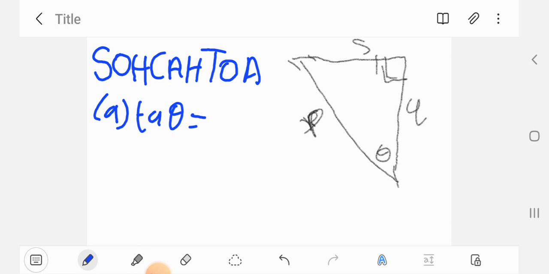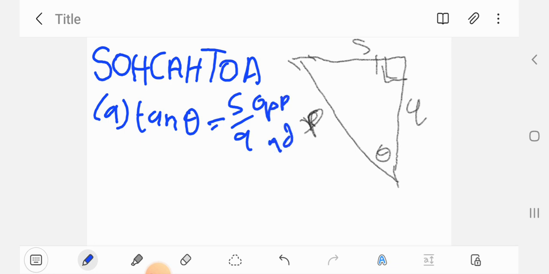Looking at SOHCAHTOA, tan is opposite over adjacent, and we said our opposite is the S. So tan theta equals S over Q. The S is the opposite, and the Q is the adjacent.